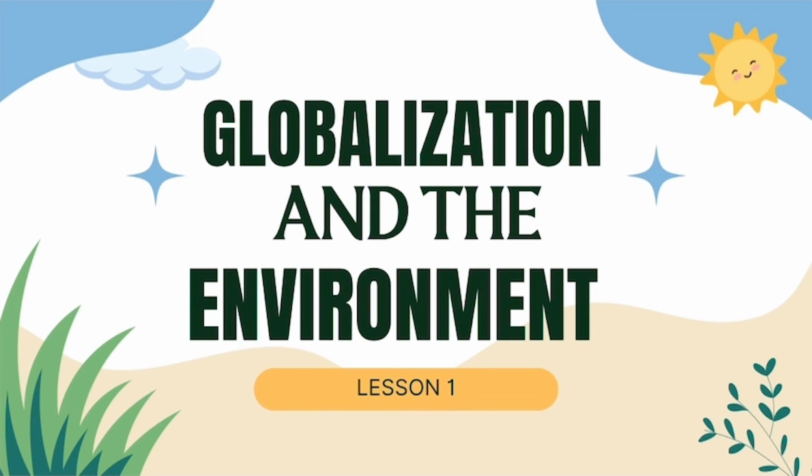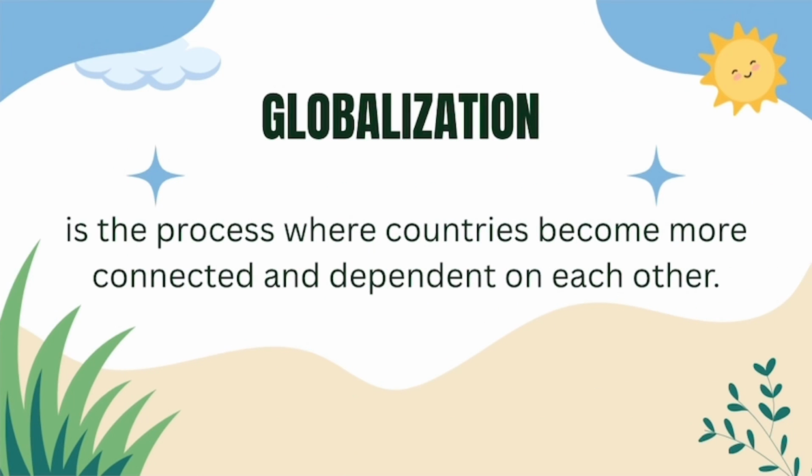Before we talk about the environment, let's first understand what globalization really means. I am sure you're already familiar with what globalization is, but let me briefly go over it again. Globalization is basically the increasing connection between countries.